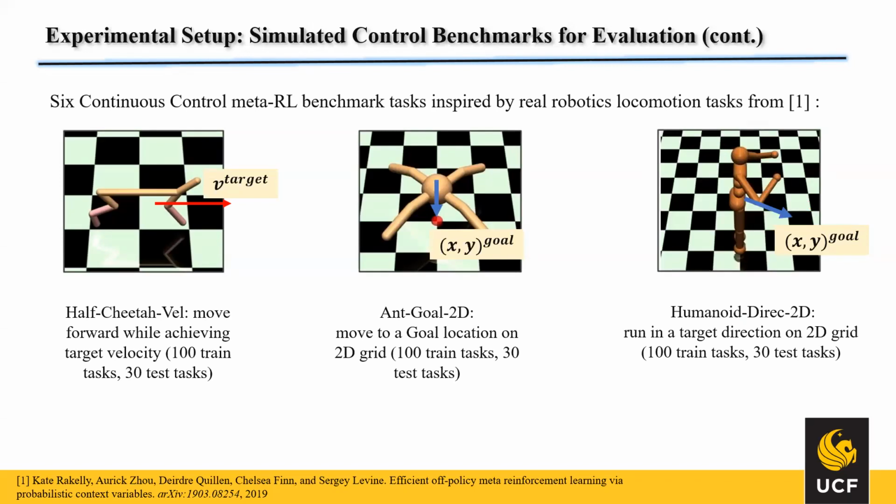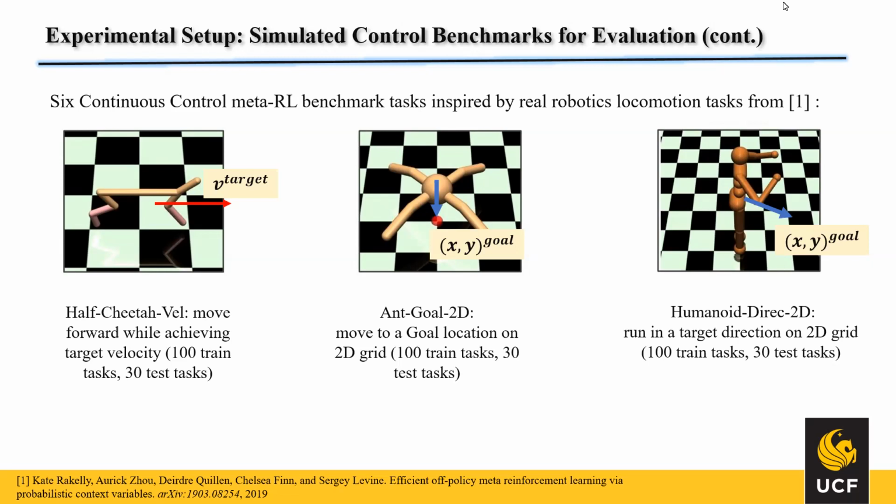Half cheetah velocity, and goal 2D, and humanoid direction 2D. As you can see, each of them is incrementally more complex. Some of them have 100 training and 30 test tasks, and some of them had only test tasks done on them.